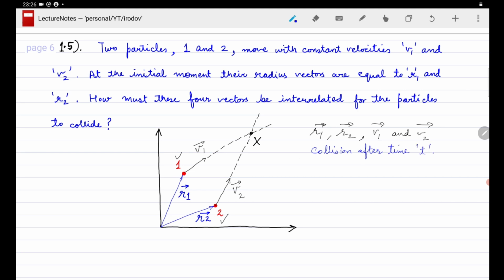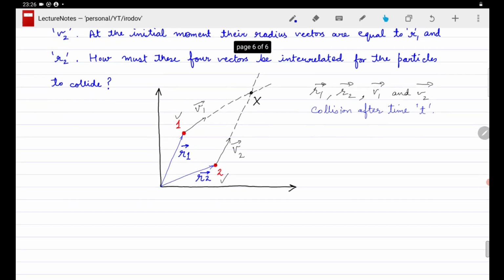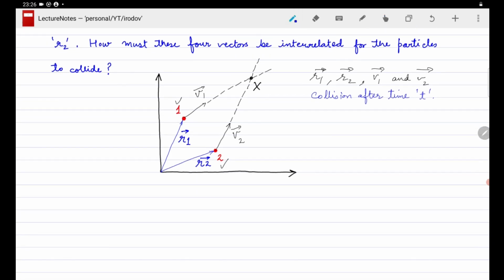So from the figure we can write an equation which would be something like r1, which is the initial position vector for particle 1, plus v1 multiplied by time t.